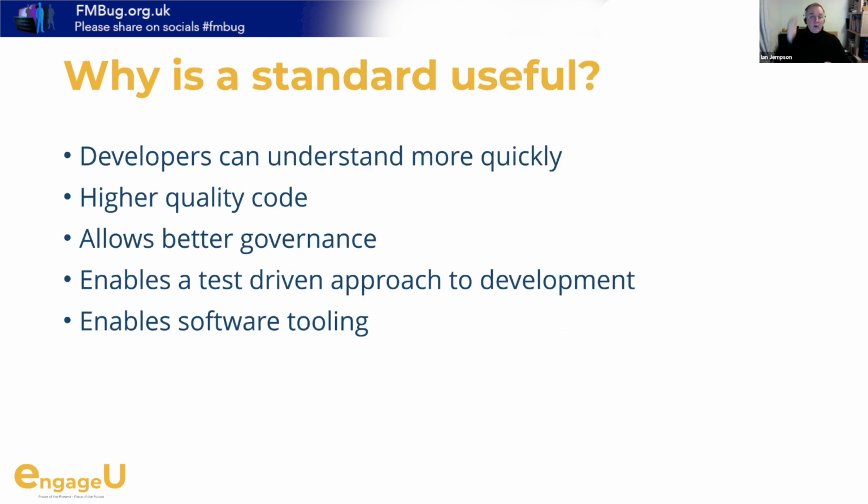So first off, why is a standard useful in the first place? OpenAPI is a standard for describing software APIs. The standard can help developers understand things more quickly, and it can result in higher quality code.